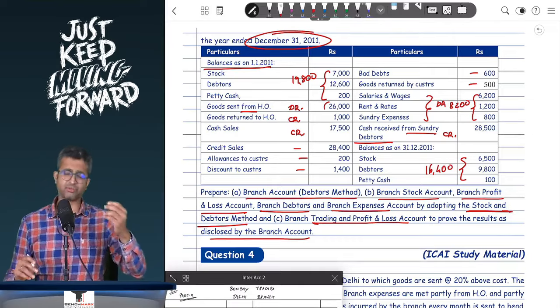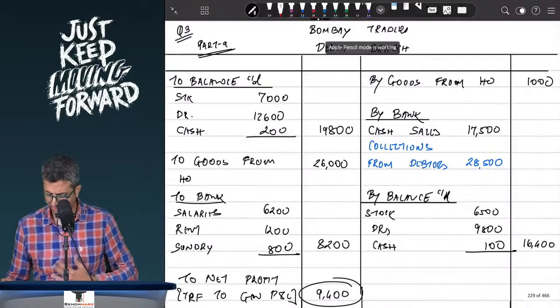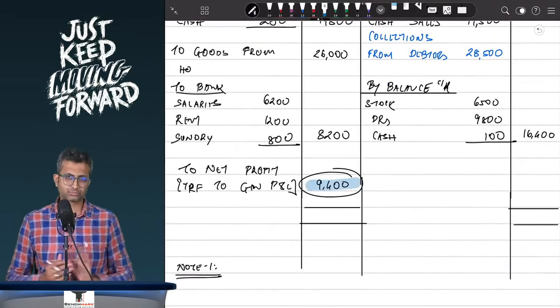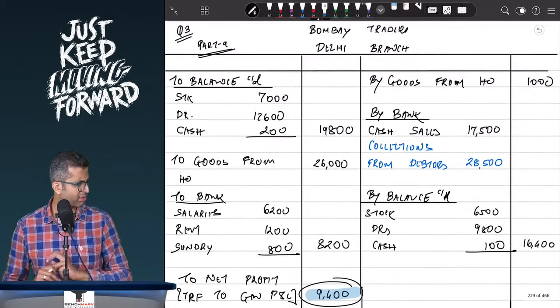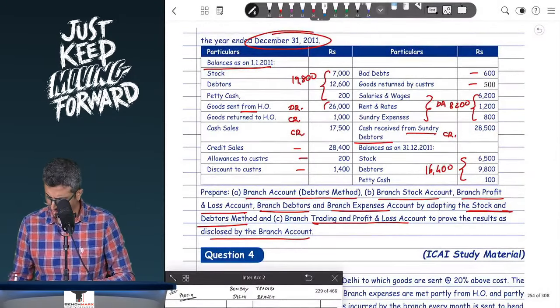If I see the balancing figure, I believe this is 9,400, which will be reflected as the profit. If I review this, there you go, 9,400, which is reflected as the profit. Is everyone clear?